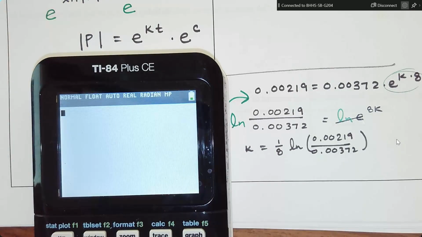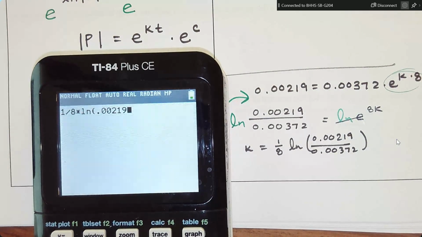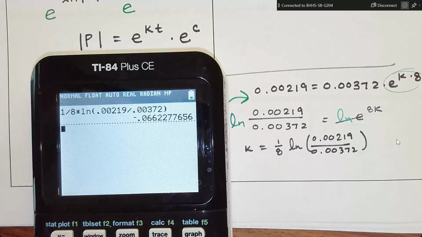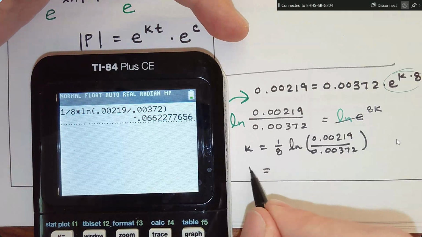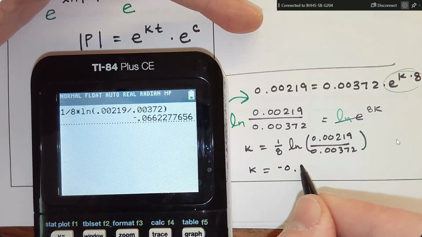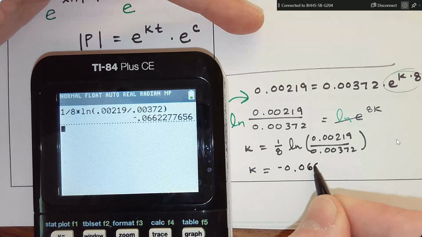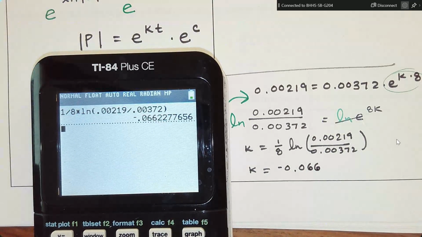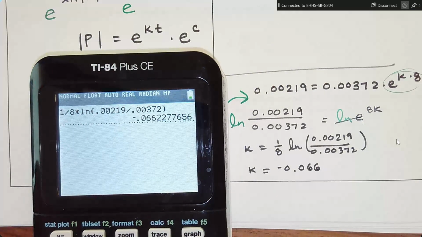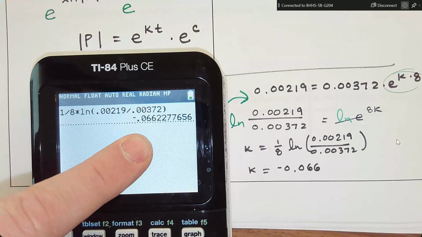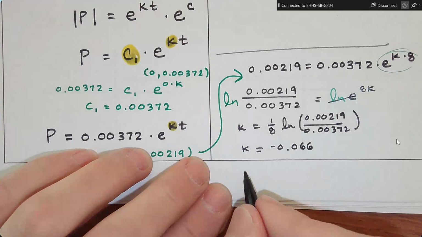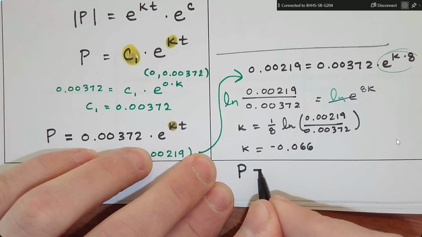Grab your calculator. Okay, and I want you guys to always go at least 3 decimal places on these. The more decimal places you go, the more accurate your equation is going to be. So on this one, I would go 0.066, which means that our poison model is going to look like so.